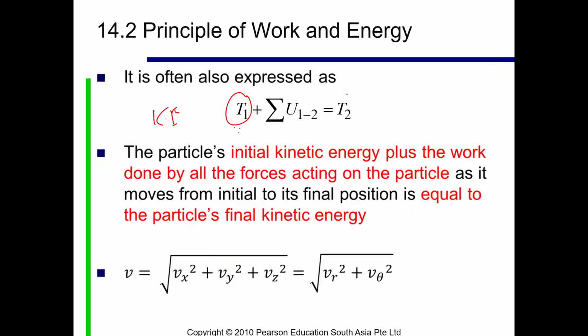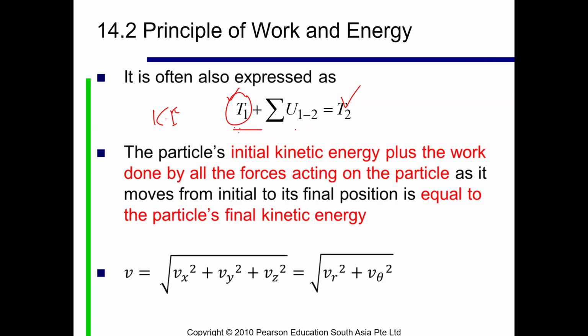So T2, which is technically the final kinetic energy, is equal to the initial kinetic energy plus the sum of work done by all of the forces on the particle.